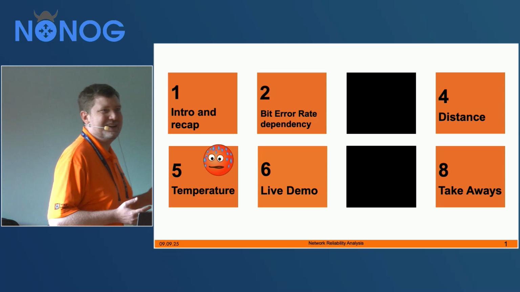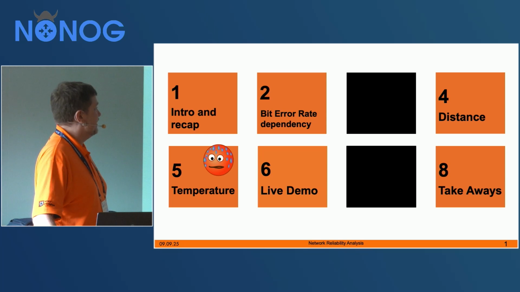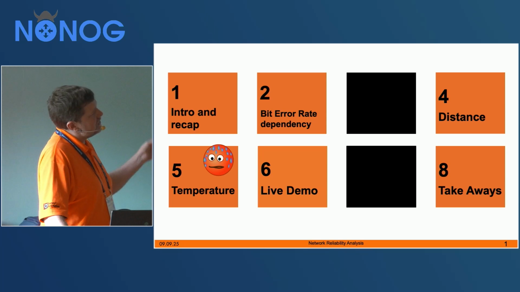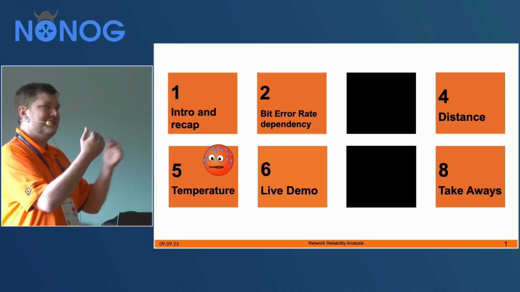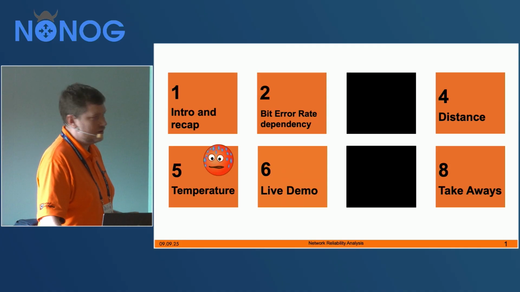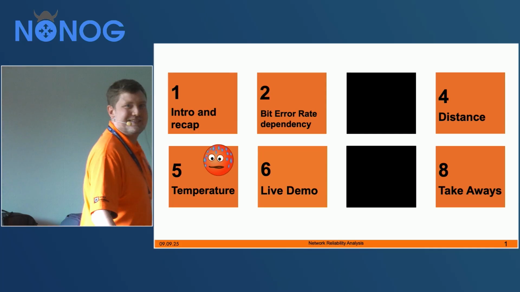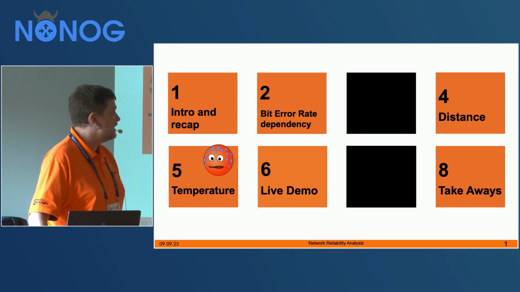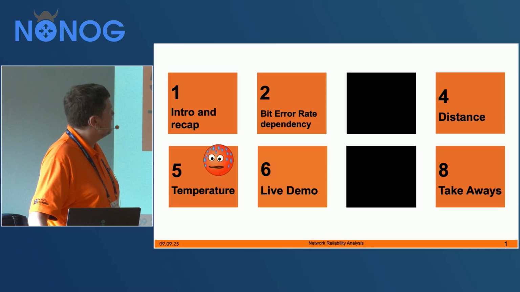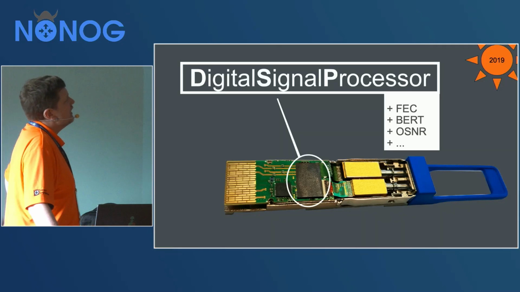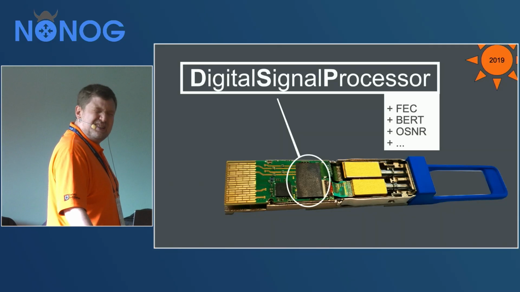It's really making our heads hurt. So I analyzed temperature and I also analyzed distance. These are the correlations we are going to look at. There will be a live demo. I brought some devices, so you can also see them after the presentation. We can also have a look if you're interested in something else. And yeah, let's talk about these transceivers.